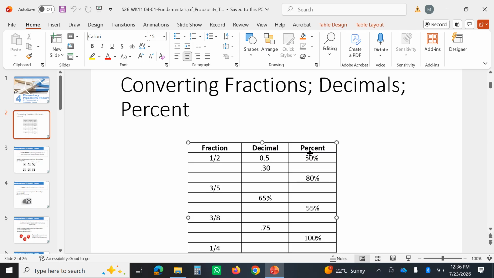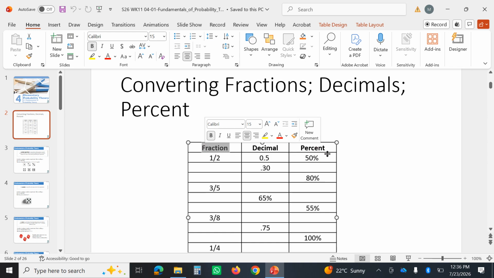Percent goes from 0 to 100%. Decimals, relative to percent, go from 0 to 1, where 0 is 0 probability and 1 is 100%. And then you've got the fraction as well. They all mean the same thing.